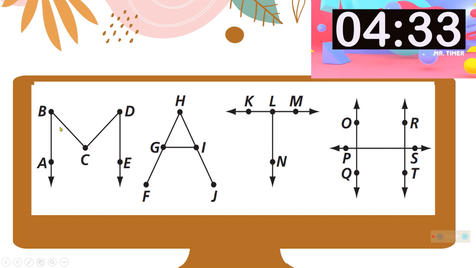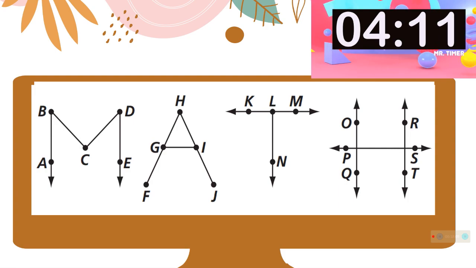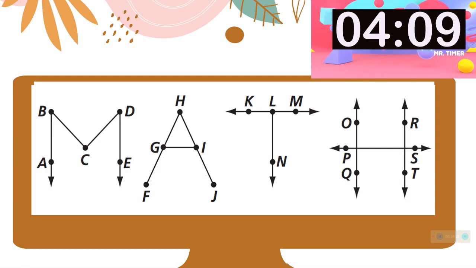For example, what does letter M consist of? It consists of 2 rays or 2 segments or 2 lines or whatever it contains. Or you may also use the labels of our segments, lines, or rays.